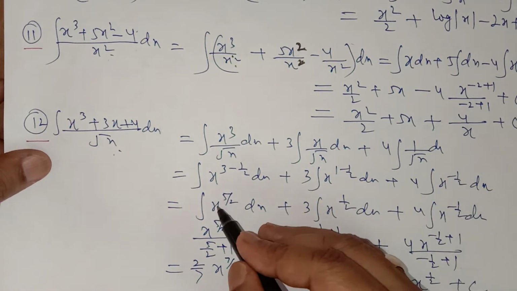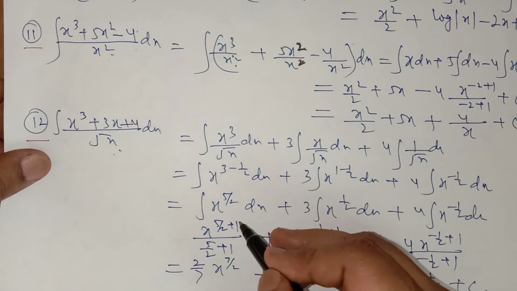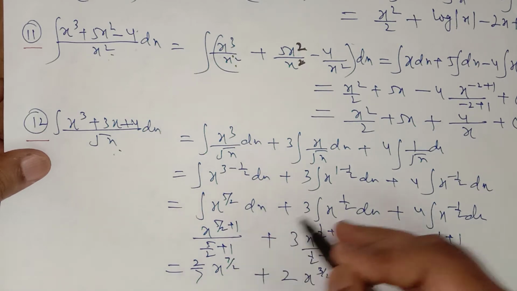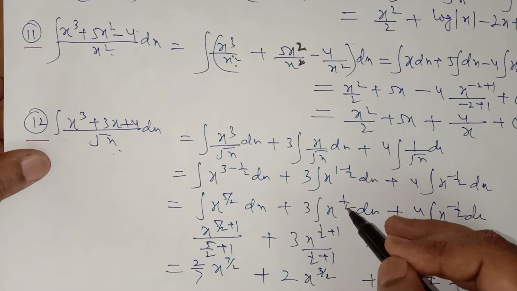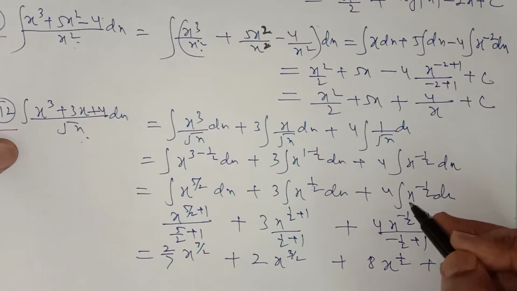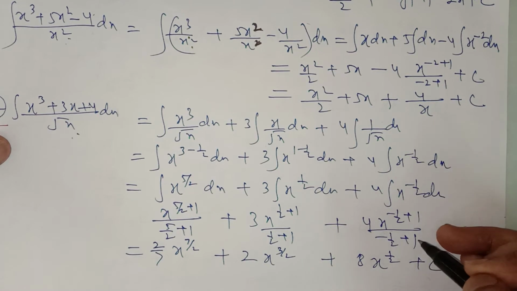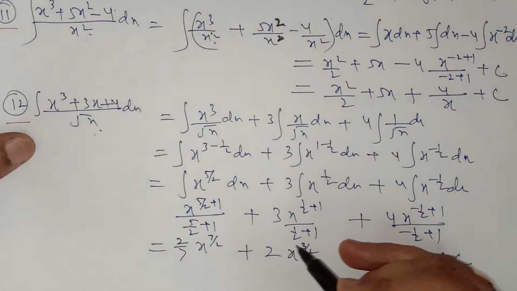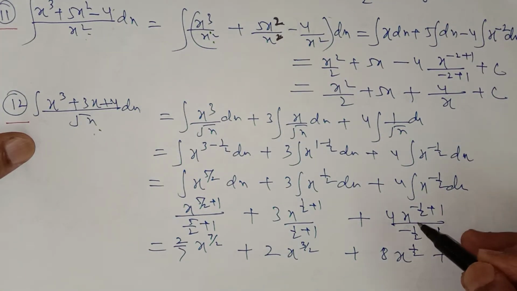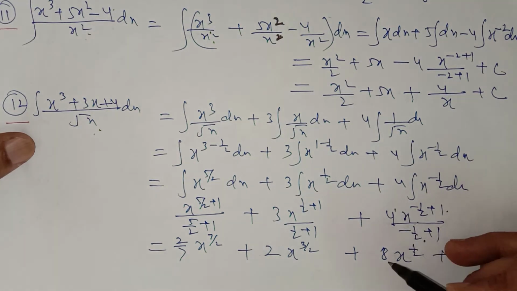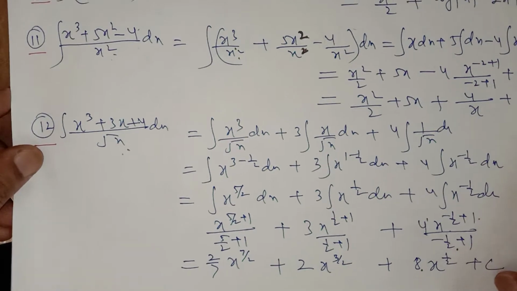Now integrate x to the power n. x to the power n plus 1 upon n plus 1, that is half plus 1 upon half plus 1, x to the power minus half, so x to the power minus half plus 1 upon minus half plus 1. Simplify this expression, you are getting this. x to the power will become half, it will become half, 4 upon half will be equal to 8. So this is the question number 12.